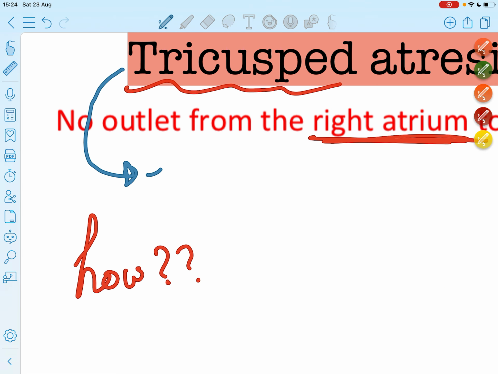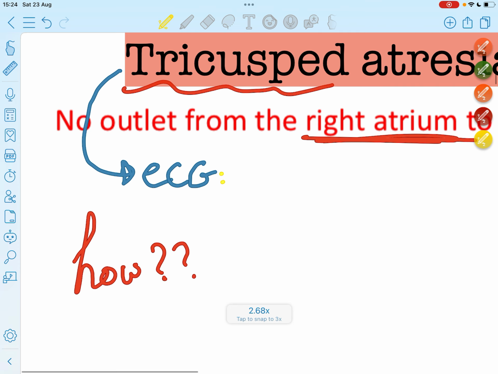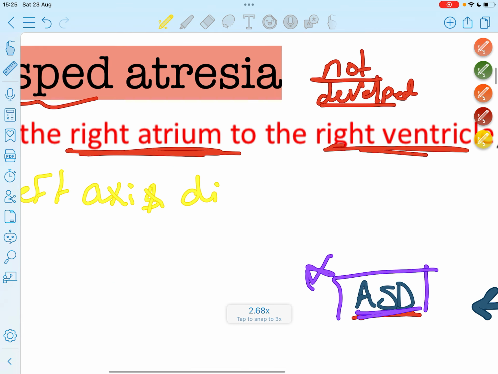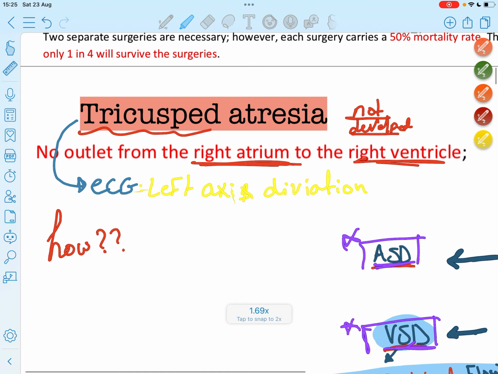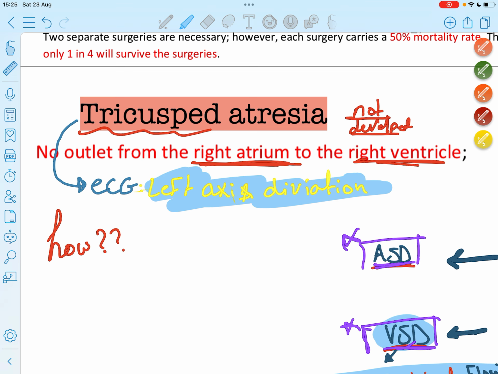In ECG, we will see left axis deviation. So if you see left axis deviation on ECG, it's characteristic for tricuspid atresia.